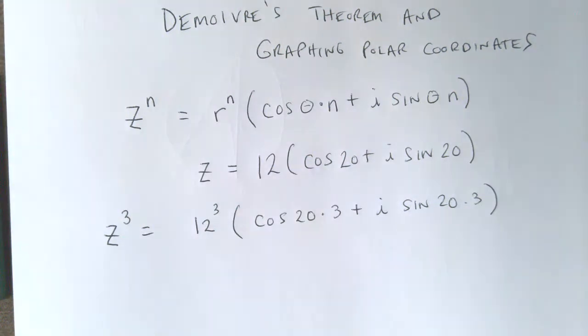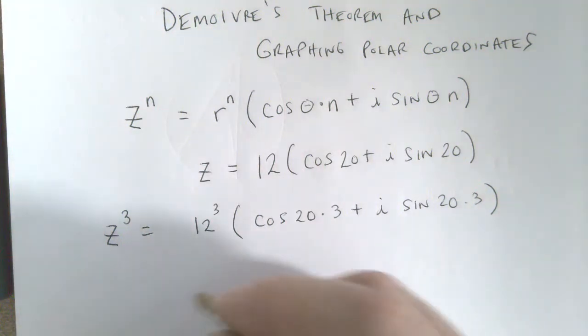And that's really all De Moivre's theorem says. It's just our power rule to be able to multiply when we have a power, really 2 or bigger. So now it's just a simplification process.